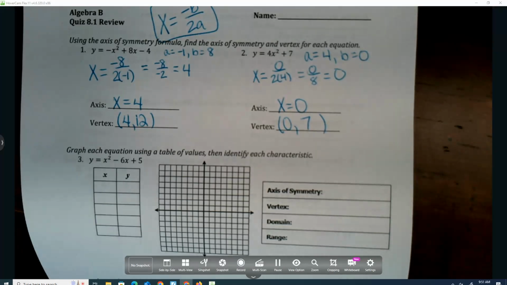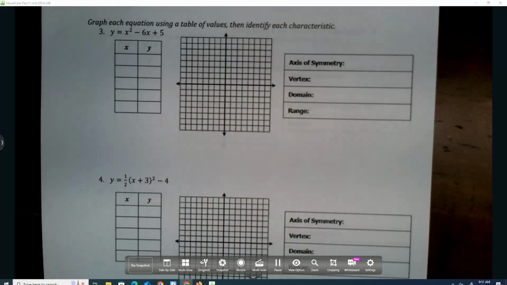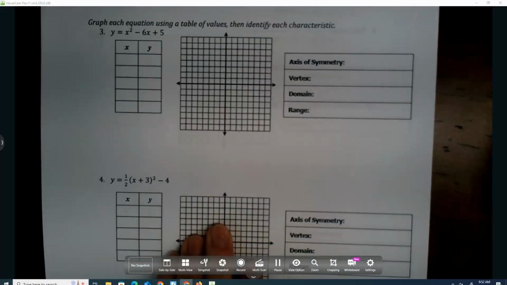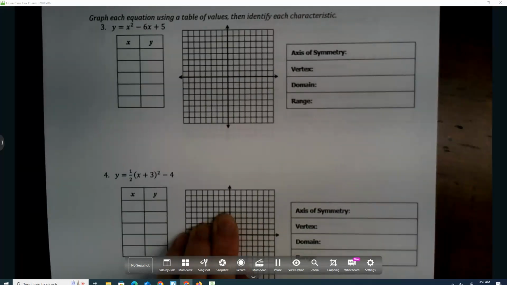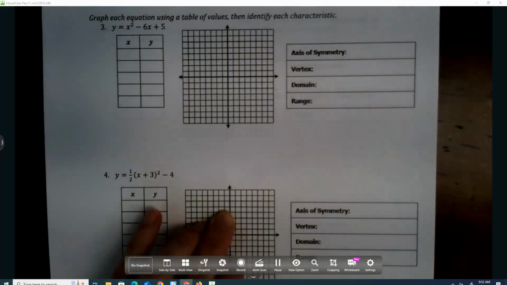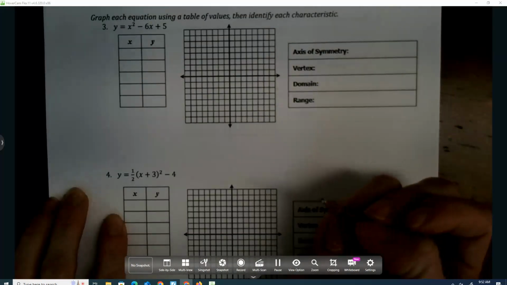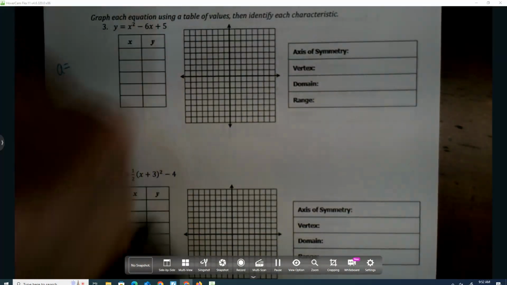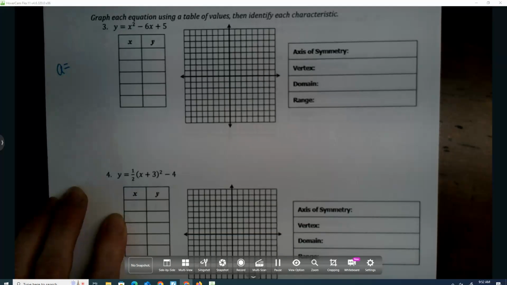All right, then I'm going to ask you to graph one like this. To graph these, we're going to start off the same way. We have to find the vertex. How do we do that? What's my a on this one, Noah? 1.